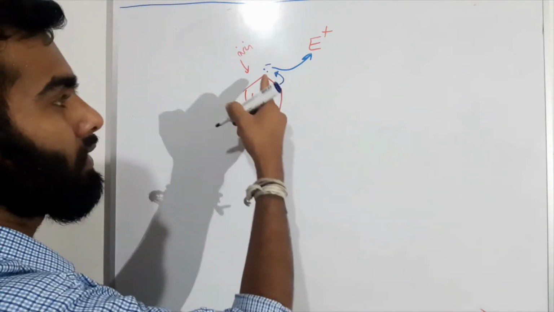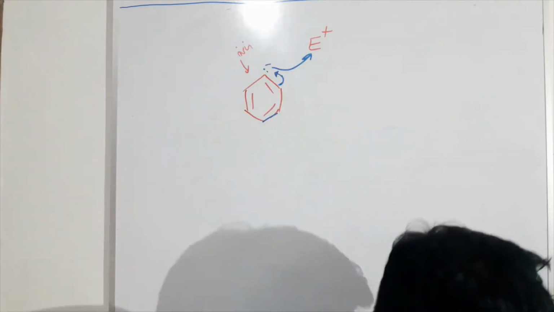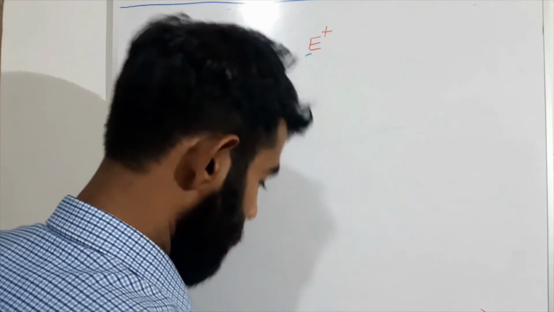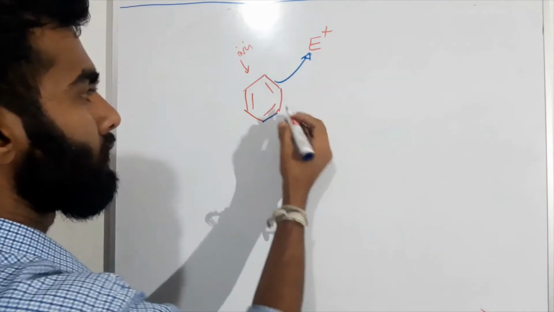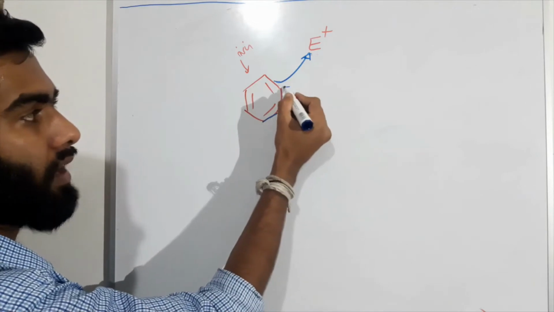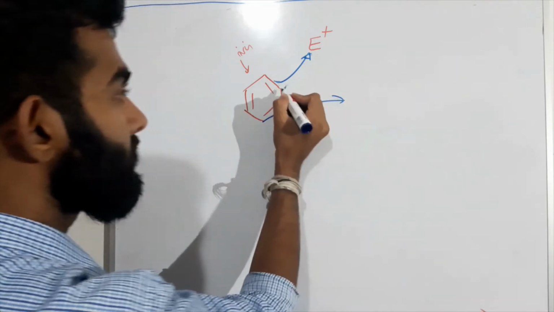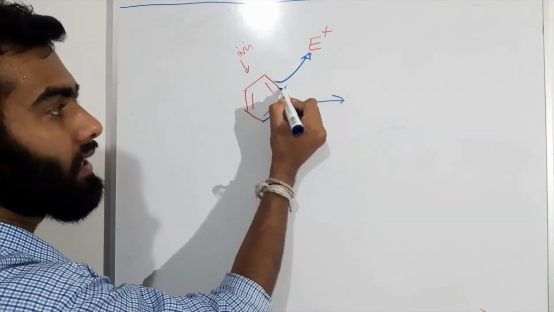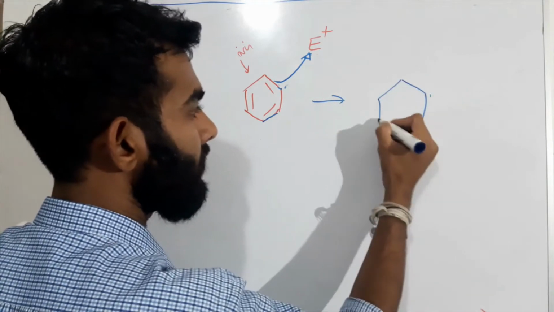Now these 2 arrows I will draw as 1 arrow. In general chemistry, we draw this as 1 arrow. So this bond will break towards this carbon. Okay, you can choose the direction, it doesn't matter. I choose this direction. After breaking this bond, this carbon will get a negative charge and it will attack the electrophile.